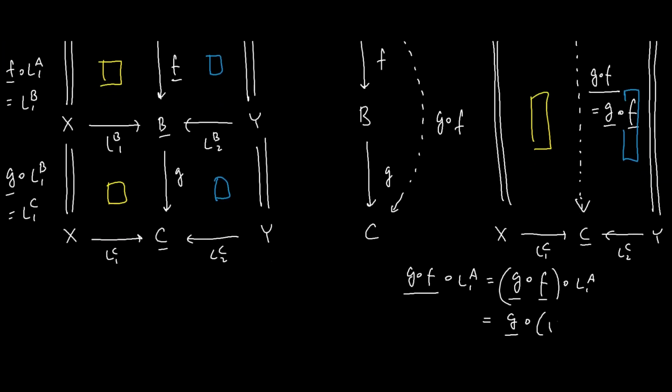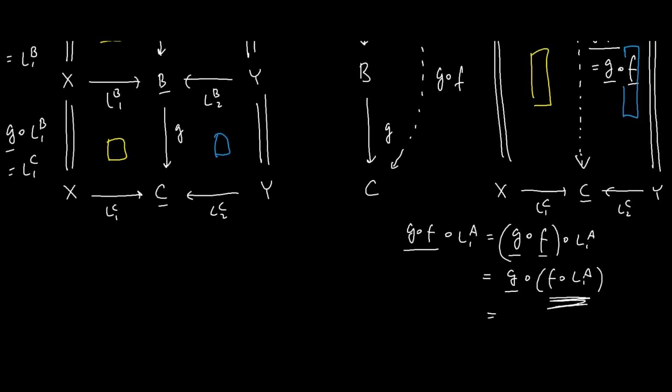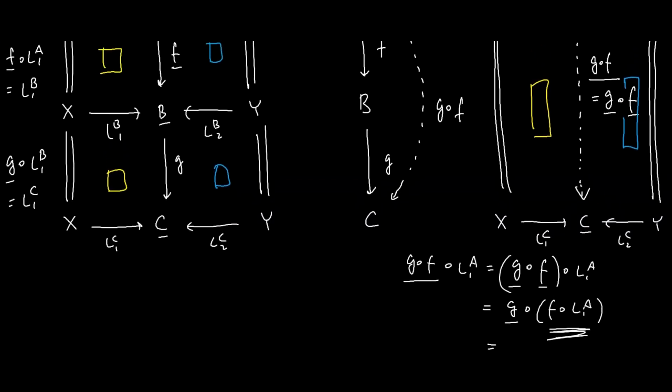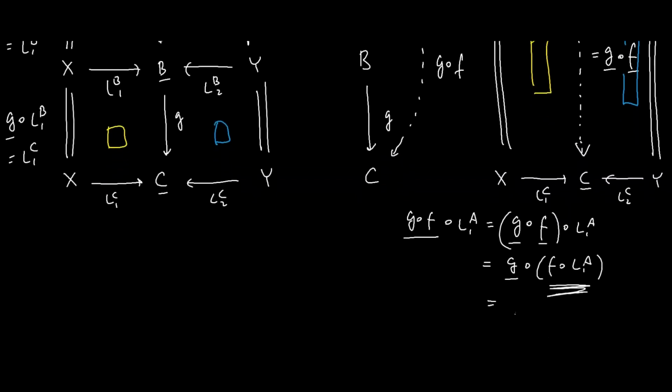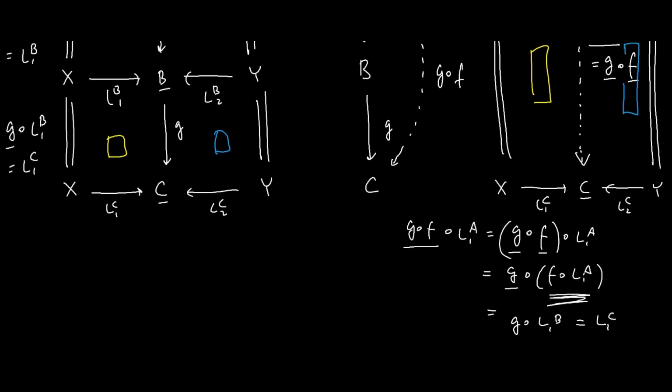Then I use that this equals iota 1B, and finally that this equals iota 1C. So we get the result on the left side. The yellow part is now confirmed, and the blue part can be confirmed in the same way.